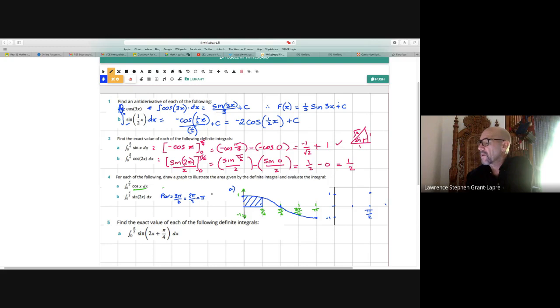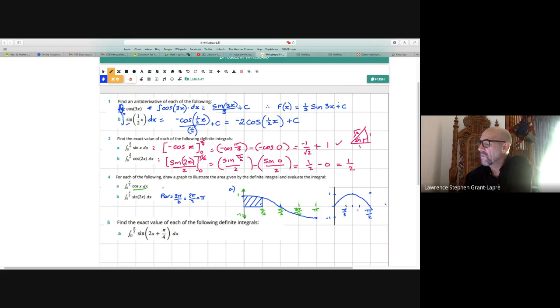It will have a full cycle in pi, so it would do half a cycle by pi over 2, and it would keep going. And let's call this pi over 3.